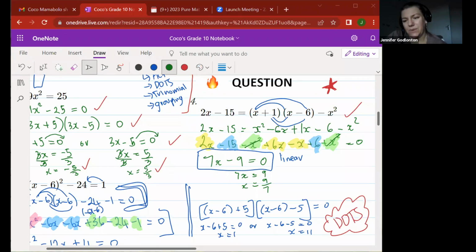Shaden, how can I help? Okay, ma'am, before you even started explaining, I was under the impression that our first line is supposed to have equals to 0, and then after that you carry on. You could 100% move it all over to one side.